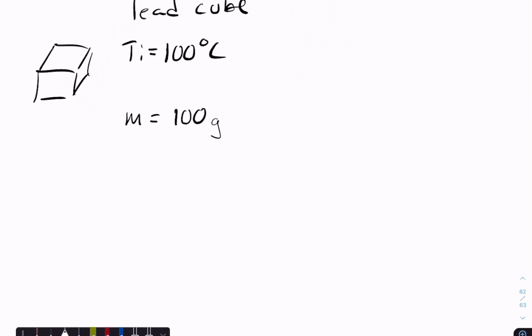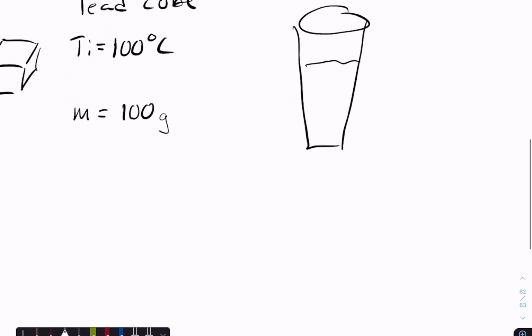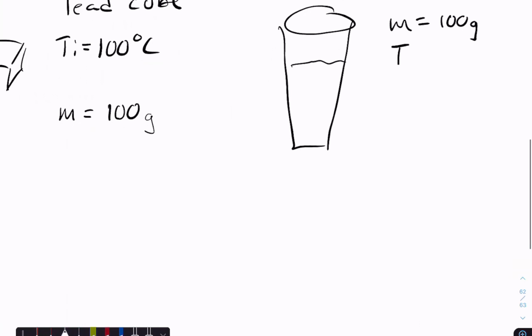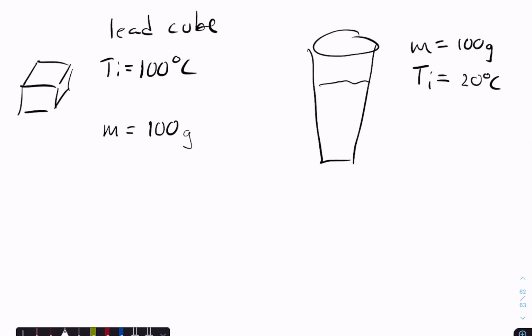It's 100 degrees C. We take that and we drop it into a glass of cold water. So now we've got a glass of water. It's a really weird shaped glass. And let's say that the mass in here is going to be 100 grams of water. And its T initial is, let's call it 20 degrees C. What's going to happen to the water?